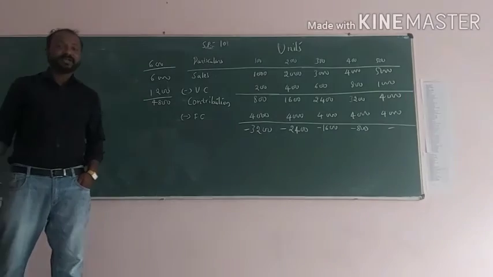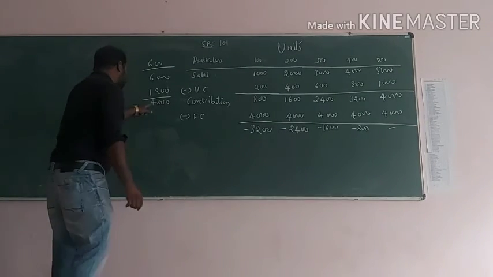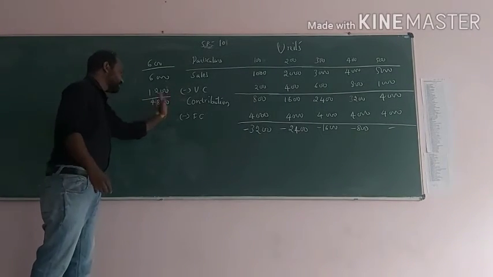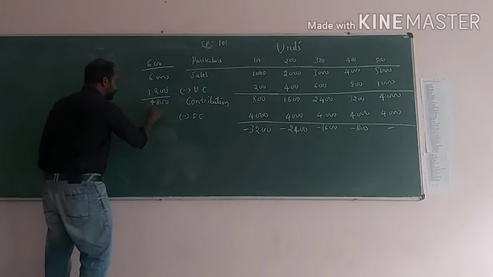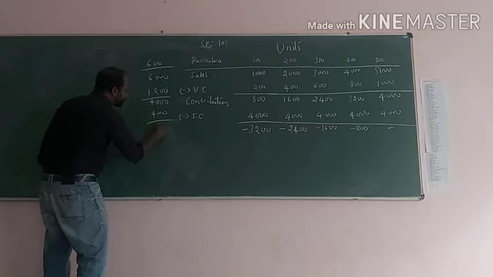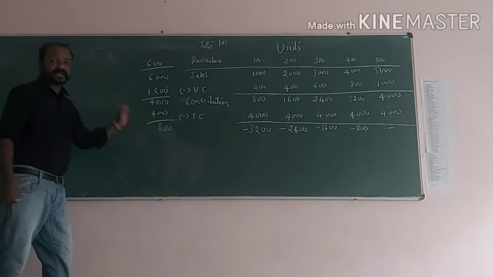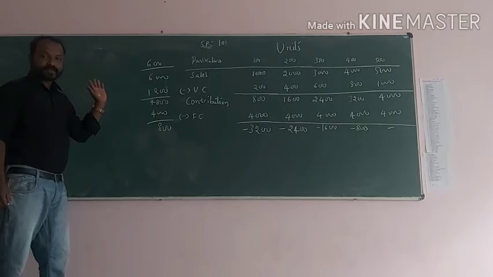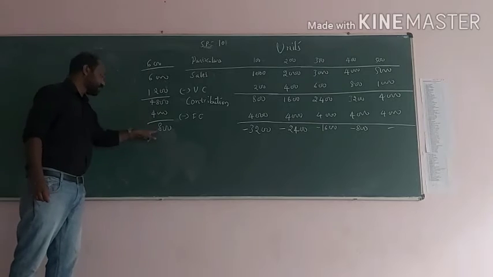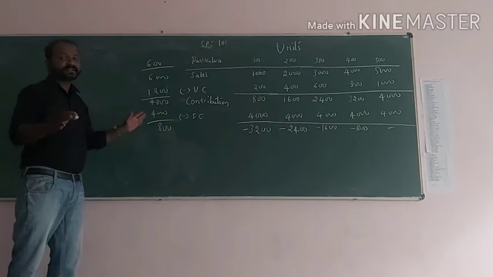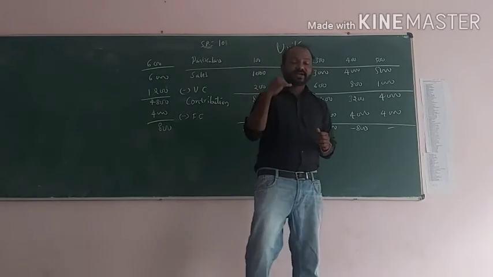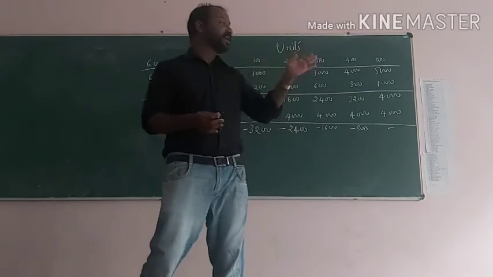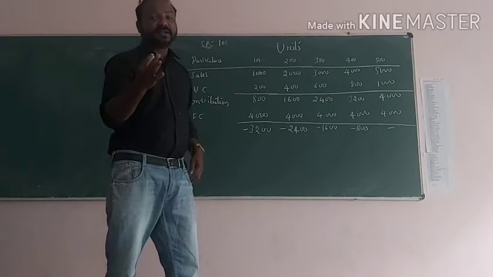Contribution is 4800. After the 4800 contribution, we need to deduct fixed cost. Again fixed cost will be rupees 4000. In this case we are earning a profit of rupees 800. That means any production exceeding 500 units will provide us profit.